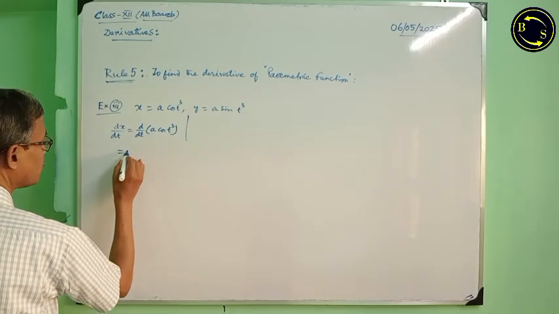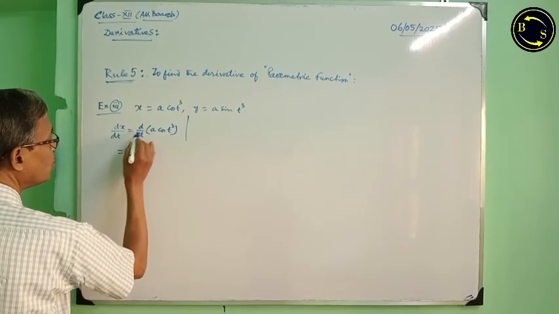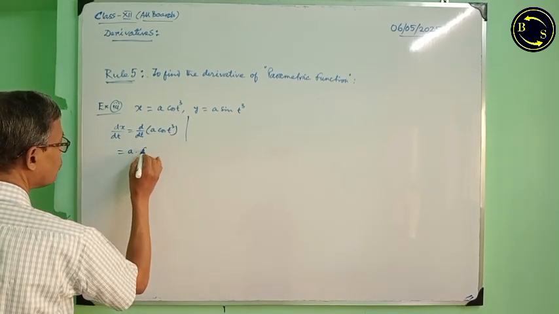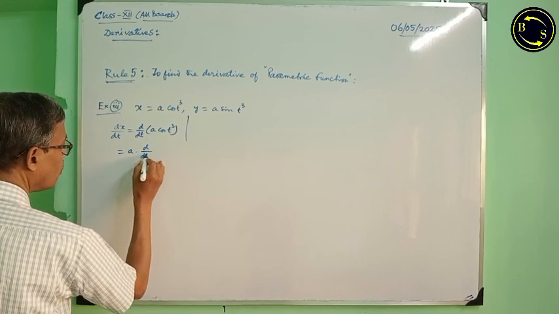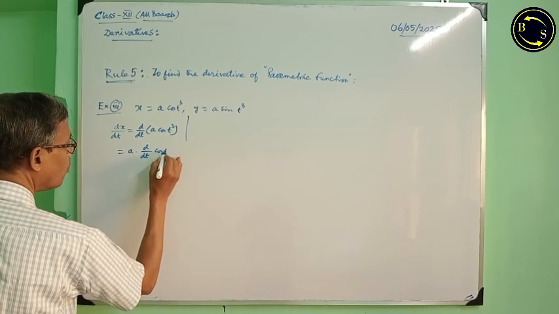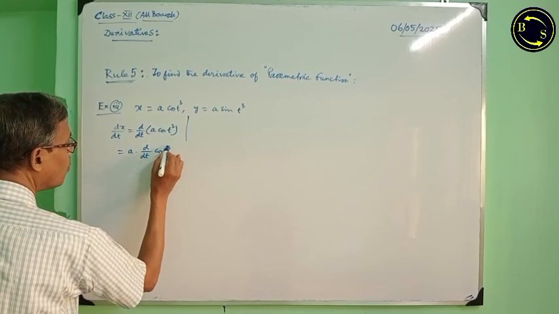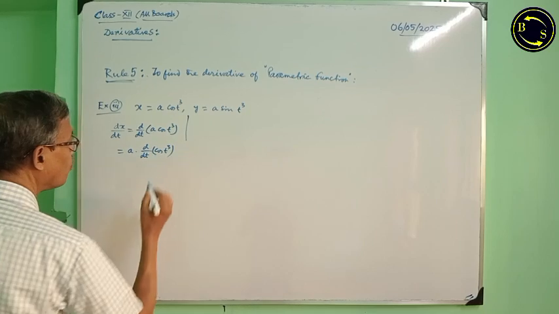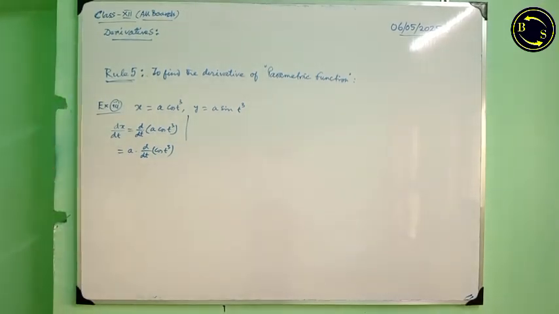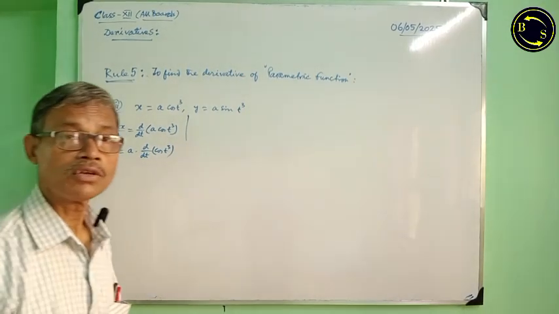A is a constant, therefore a into derivative of cos of t cube. That means function of function form.